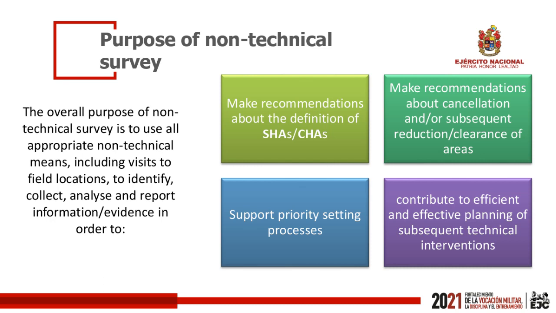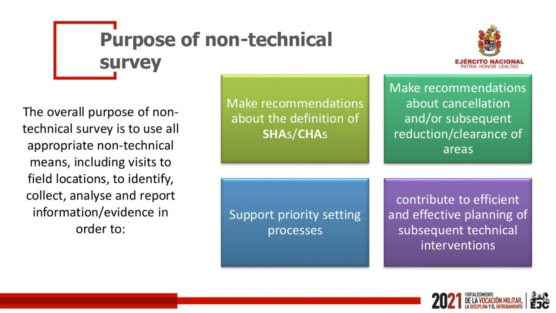Because maybe the confirmed hazardous area is on a road in the area. Maybe the contamination is near a school or a house, a farm. So it's necessary to set the prioritization levels during the process.